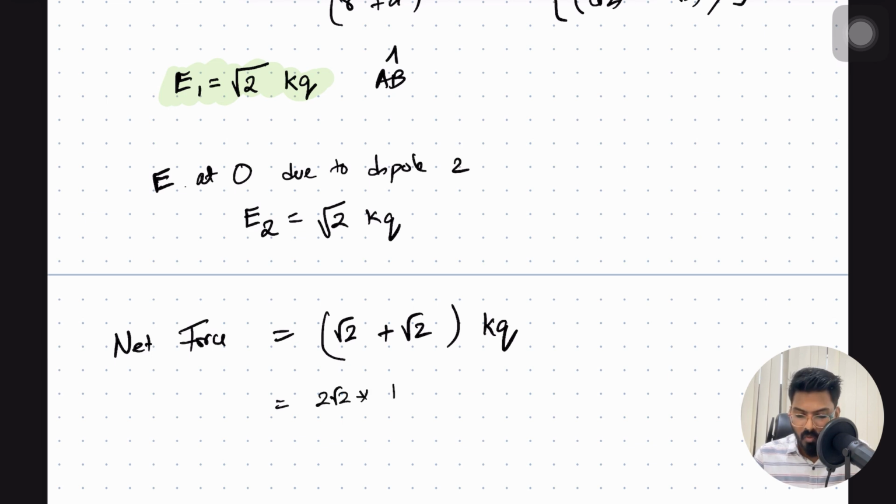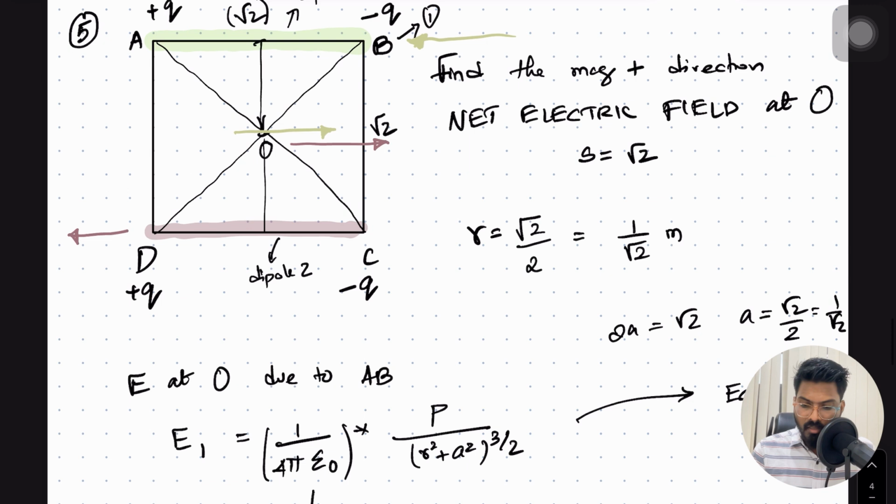K is nothing but 1 by 4 pi epsilon naught. That is the answer. Now this is parallel to both AB and DC. So the resultant field, if I could show this, is going to act in this direction. Resultant field.